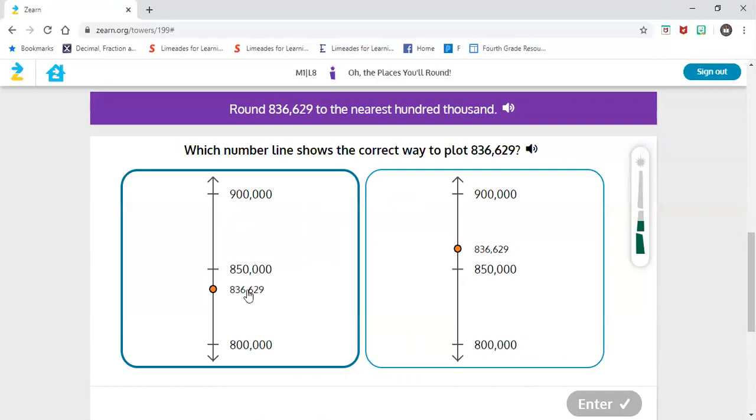So I'm going to look at my place values. So my 100,000s, they got 8, 8. So I can't tell which one is bigger. In my 10,000s place, I have a 5 and a 3. 5 is greater than 3, so I have to plot 836,000 below my 850,000.